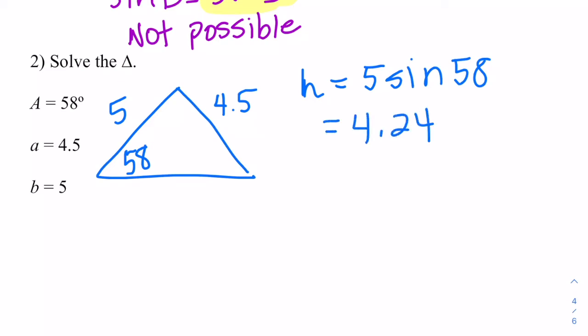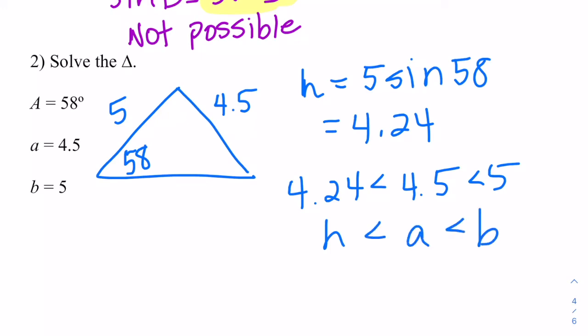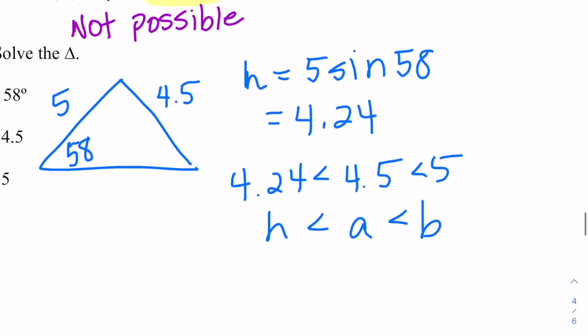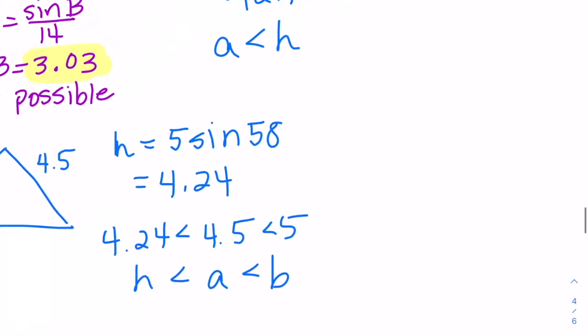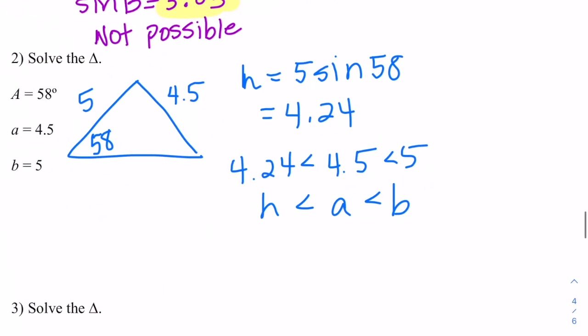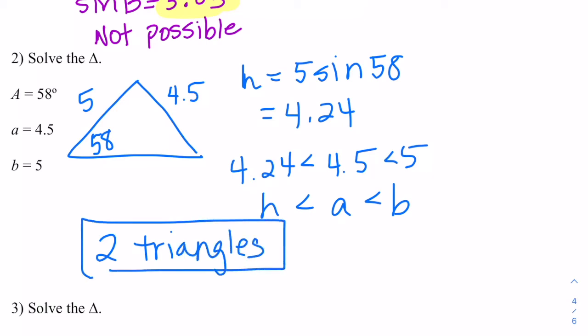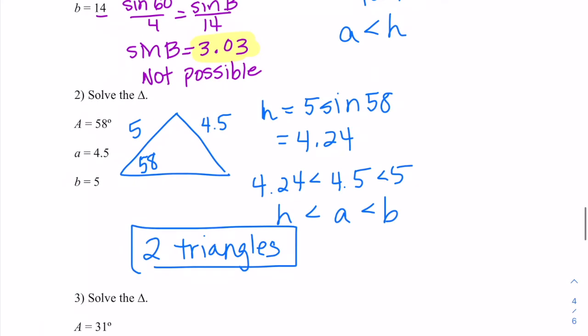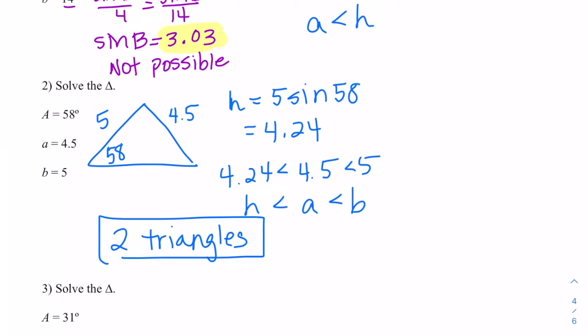And so we know that 4.24 is less than 4.5, which is less than 5. So that's h < a < b, and this is when you'd have two cases. If we're going to have two triangles, well, we can go ahead and figure those out. So pause the video, and then we'll go over those answers.